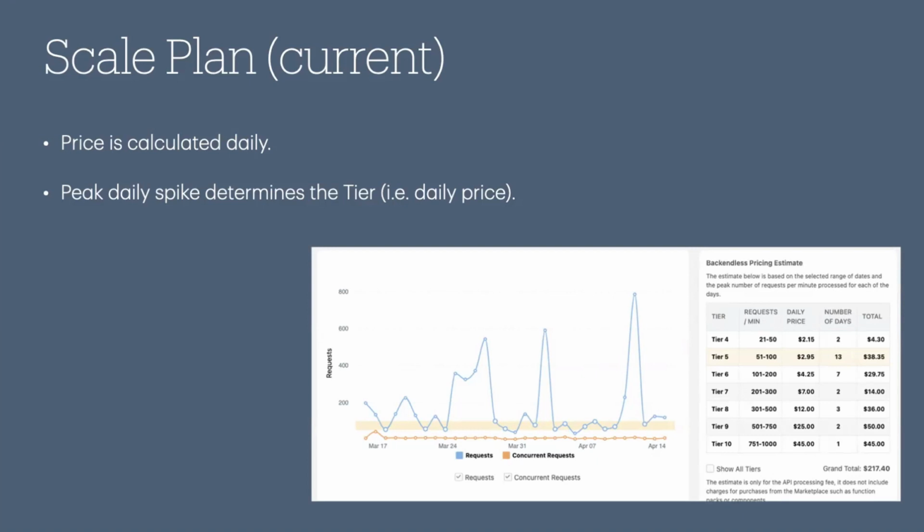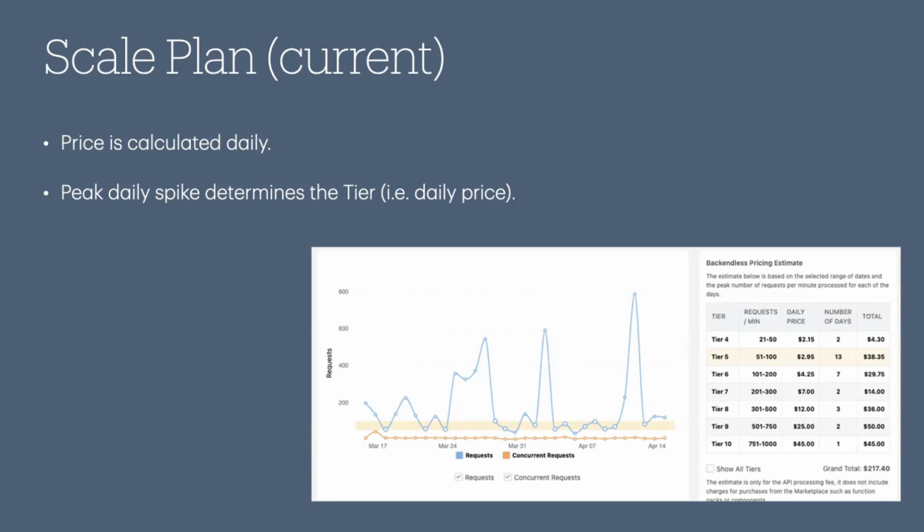So if there is a spike in the 24-hour period, then that spike ends up in a certain tier in terms of how many requests per minute were processed during that spike. And that sets the price for the current 24-hour period.